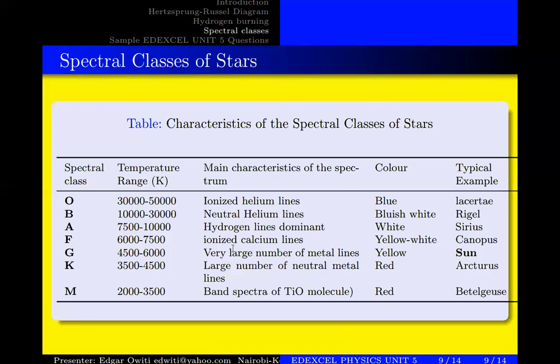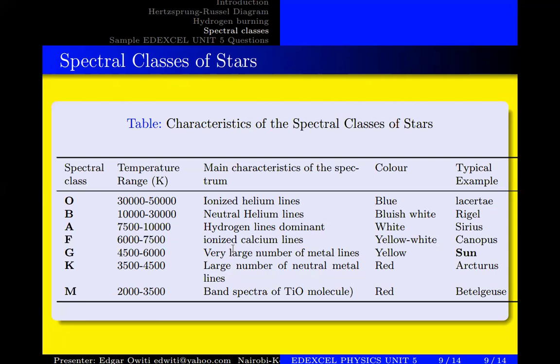In the HR diagram, we have different temperatures. The temperatures are given spectral class letters from O to M, where O is the class with the highest temperature, from 30,000 to about 50,000 kelvins. Then M is the class with the lowest temperature, from about 2,000 to 3,500.